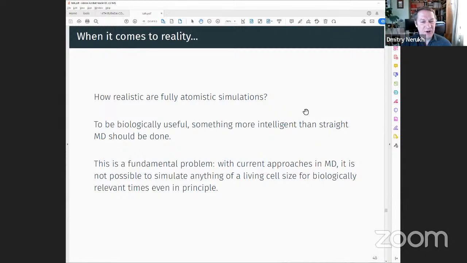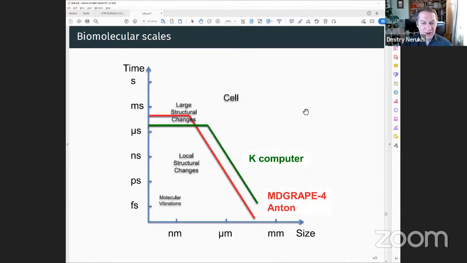Even if you assume you have infinitely many processors with speed-of-light communication between them, which is obviously the theoretical limit, you would still need hundreds and hundreds of years of simulation to do the whole cell. Therefore, something more intelligent is needed. The models should be smarter and more intelligent.